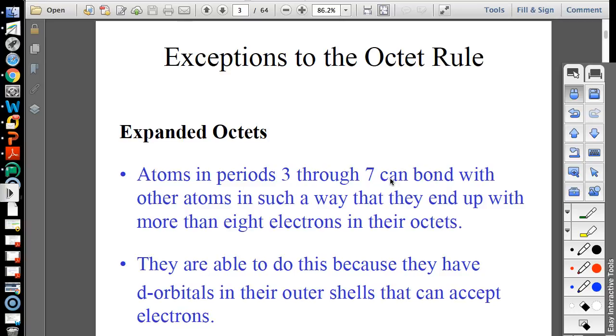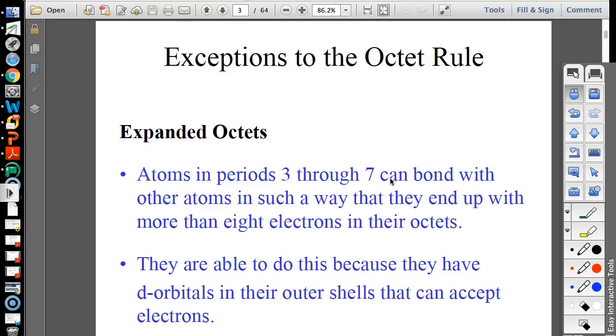What they'll do is they'll fill their 3s and 3p orbitals, and then the 3d orbitals, the d block in the 4th period, so scandium through zinc, if you're thinking about where that is on the periodic table. Instead of just having 8 valence electrons, they can have 10 or even 12. And those extra electrons are going into that 3d sublevel.